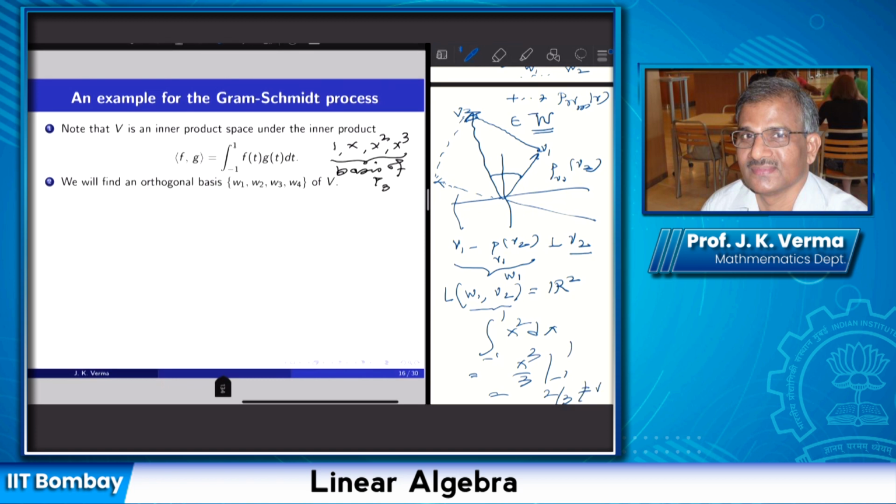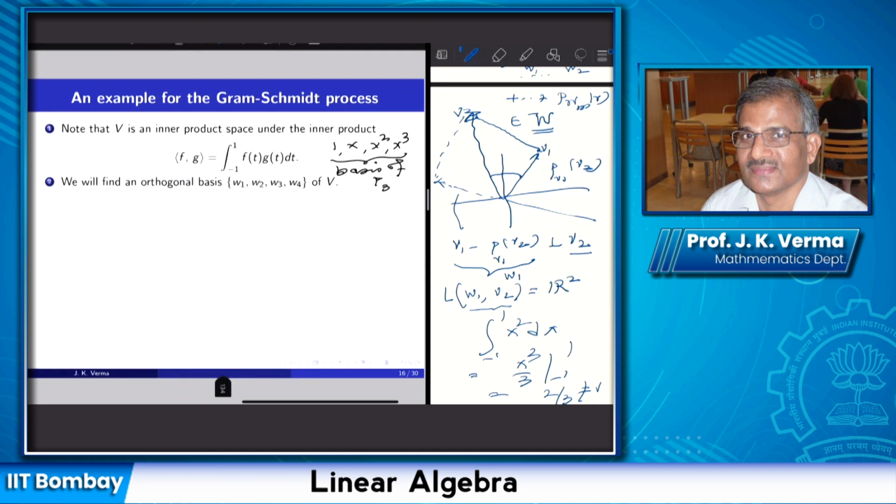So it is not 0. So 1 and x square are not perpendicular, though 1 and x are perpendicular. So these four polynomials are not perpendicular to each other.